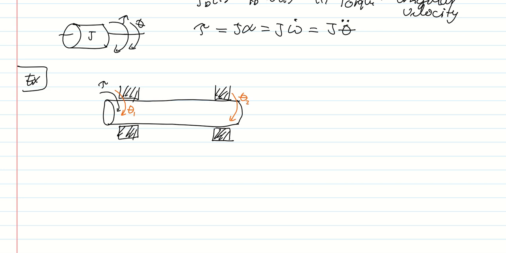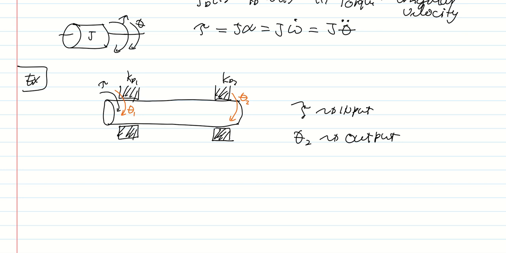So the problem is, I want to determine the transfer function. If my input is tau, a torque, then my output is theta 2, the angular displacement. If we have damping here, two dampers, let's call them the damping coefficients KD1 and KD2.